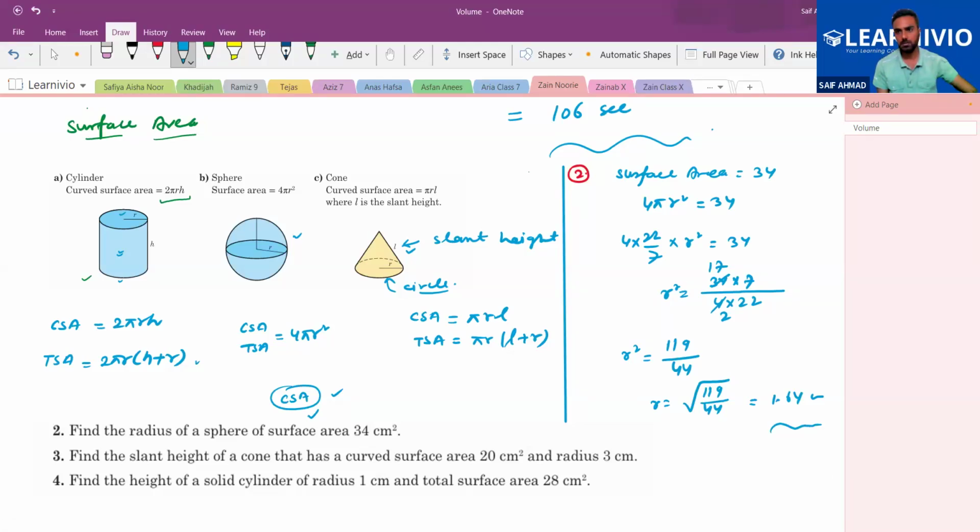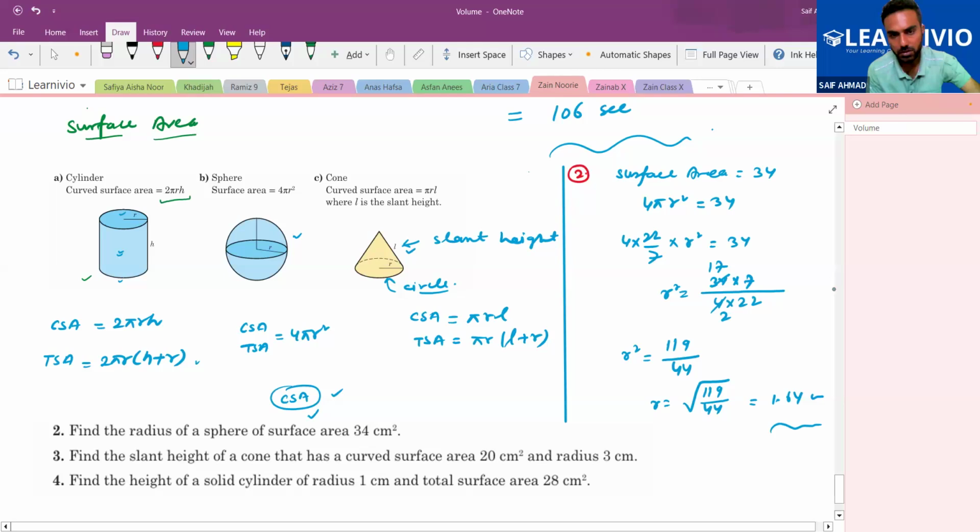How do we do this without a calculator? I'm asking the operational team whether the calculator is allowed in your exam.